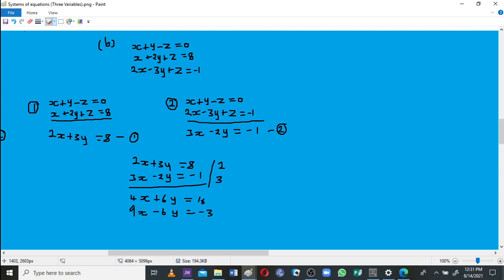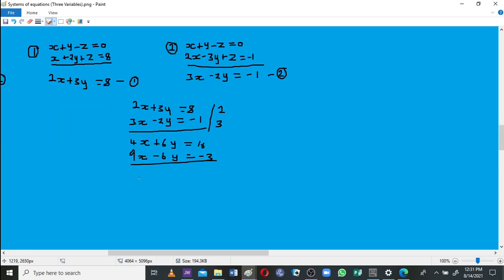Now what I need to do here is add the two equations. Adding them, I get 13x is equal to, remember y gives me 0, and I get 13 here as well.